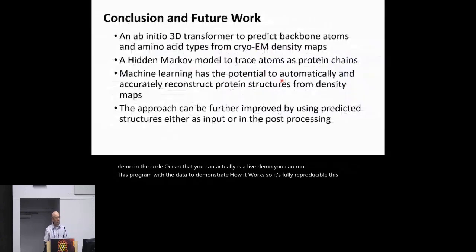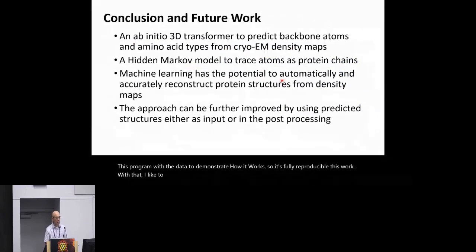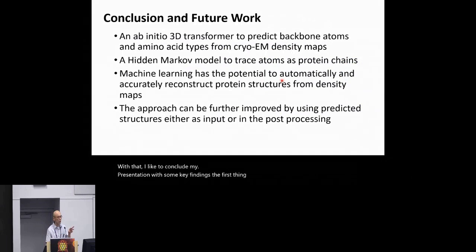With that, I'd like to conclude my presentation with some key findings. The first is we developed a 3D transformer that produces backbone atoms from the density maps and amino acid types rather interestingly accurately, I would say, not perfect. Then we use subdensity maps and an innovative hidden Markov model to naturally align those sequences against the C-alpha atoms we identified to build the 3D structures.